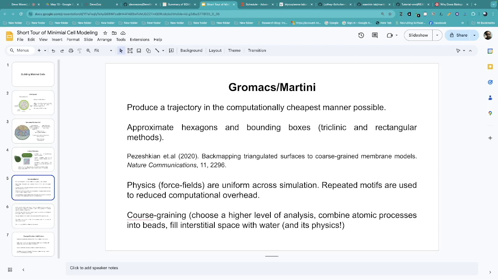Is it good enough to model a cell as a cell and maybe have some features of the cell? Or maybe we don't even care about cells. Maybe we care about higher level features in the phenotype. What are those doing? So this is a term they use in this area called coarse-graining, which means you take the simplest interactions and combine them into volumes or motifs, and you model those and get a sense of what they're doing.